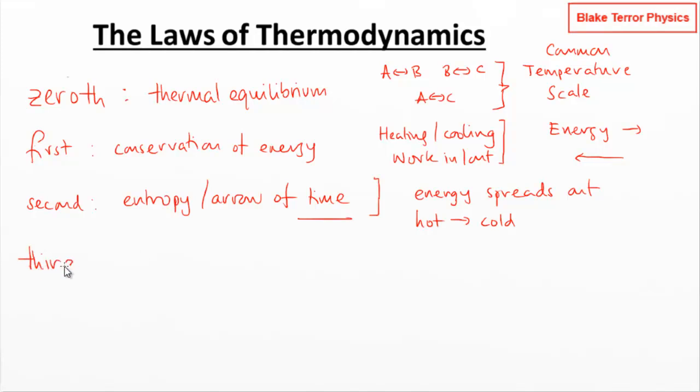The third law, which is the absolute zero law, hence why I was talking about this in the video on absolute zero. This is the one, again linked to entropy, where we're saying that as you're reducing the internal energy of a substance, entropy will approach a constant value.